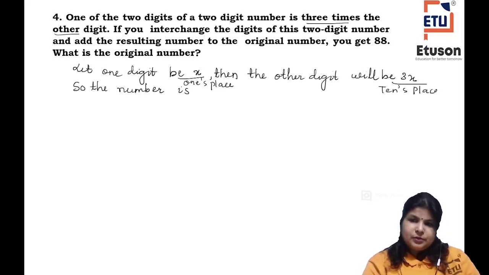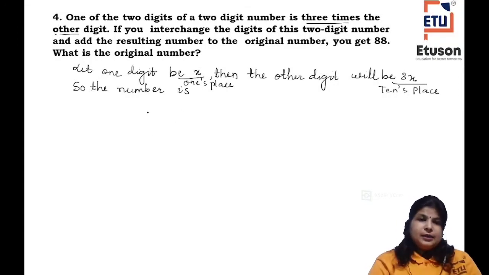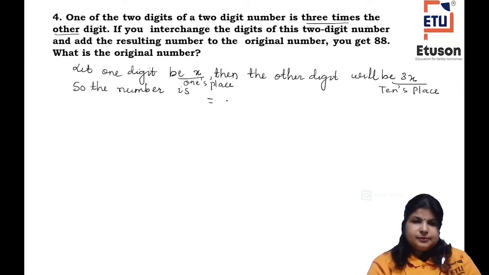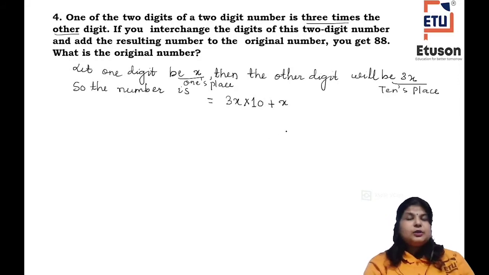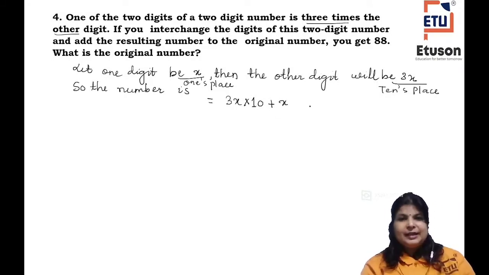So what will be the number? The number is 3x into 10 plus x. Remember, while finding the number, we are finding the place value of each digit and then adding it up. So that means it is 31x.